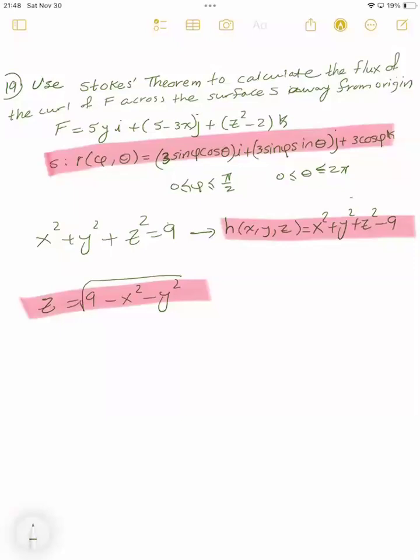So what does Stokes' theorem say? It says there is a relationship between a line integral over the boundary of the surface and a surface integral over the surface itself.